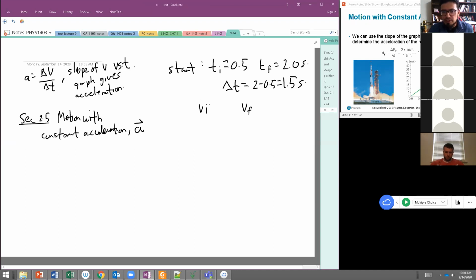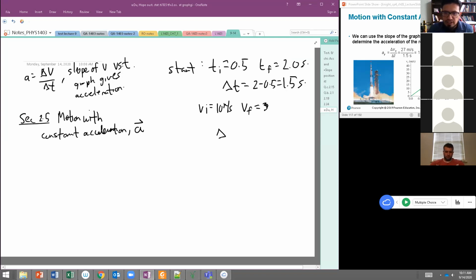It's kind of hard to read, but at 0.5 we were around 10-ish, and the final was something like 30.